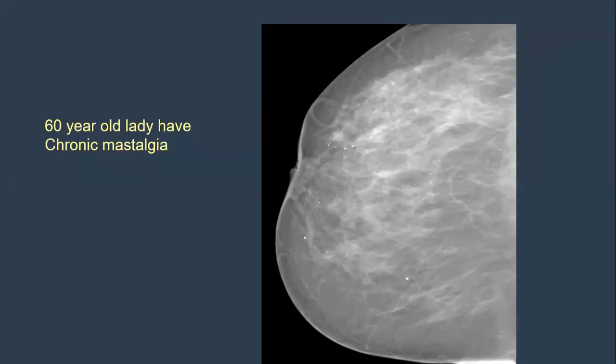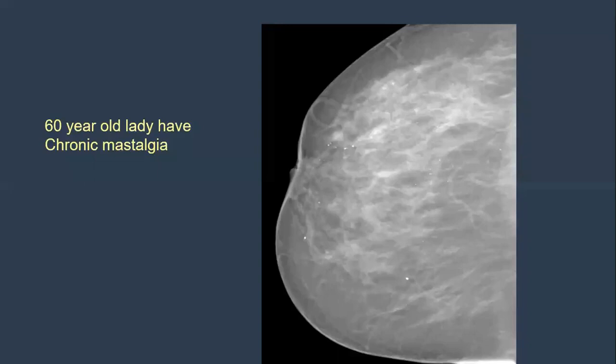If I told you this is parenchyma, but there is architectural distortion, where exactly is the area of architectural distortion? At the retroareolar area. Yes, there is a focal area of architectural distortion just behind the nipple, with associated retroareolar skin thickening and nipple retraction.